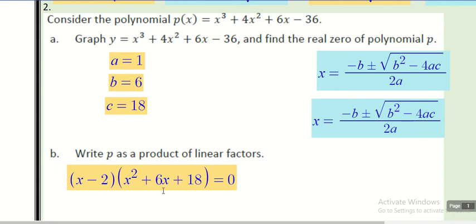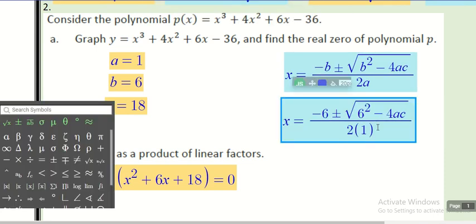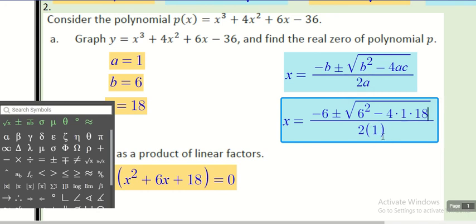So opposite B, since B is 6, this becomes negative 6. A is just 1, so 4 times 1 times C is 18. All over 2 times 1 is 2. So the next thing, we calculate the discriminant.